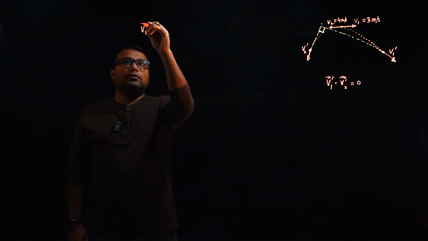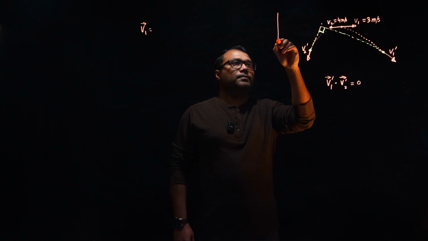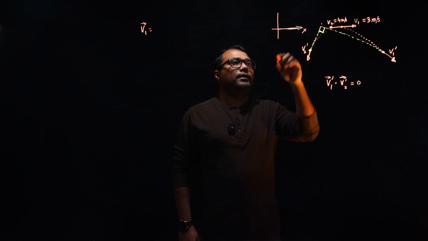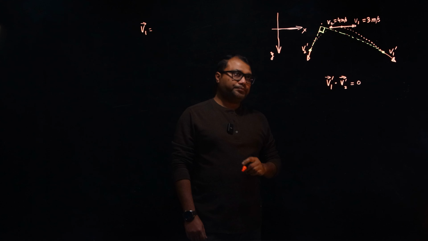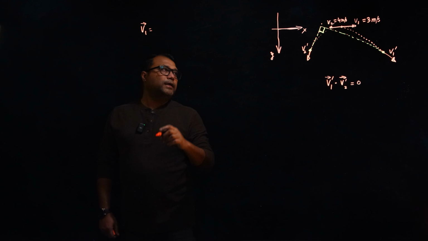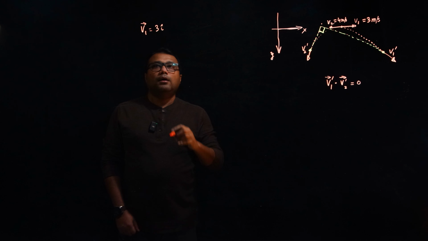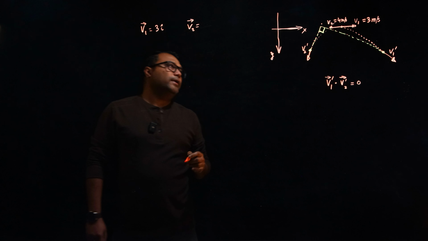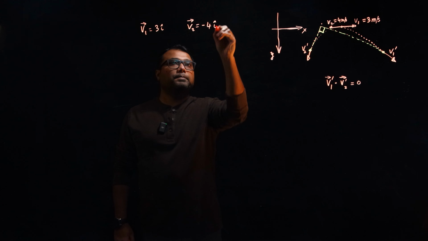Let's say this is the positive x coordinate and downward is the positive y coordinate. So v1 we can write as 3 i cap and v2 we can write as minus 4 i cap.